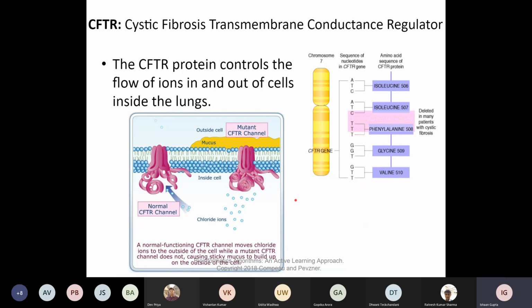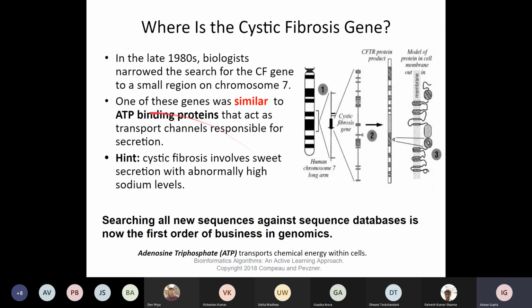But in order to do all these things, they started with some information about a region of the genome which was heavily mutated in people who had cystic fibrosis, and in this specific region they found a lot of proteins that were ATP binding, and they knew that people had the symptom of having a lot of sodium in their sweat.